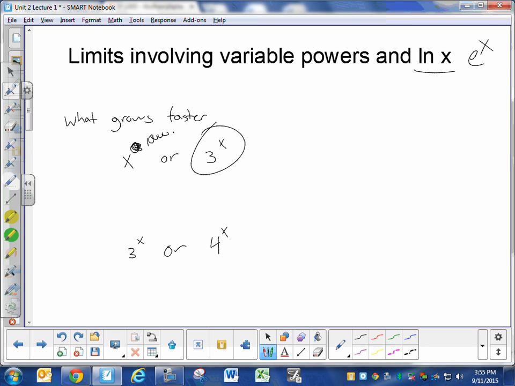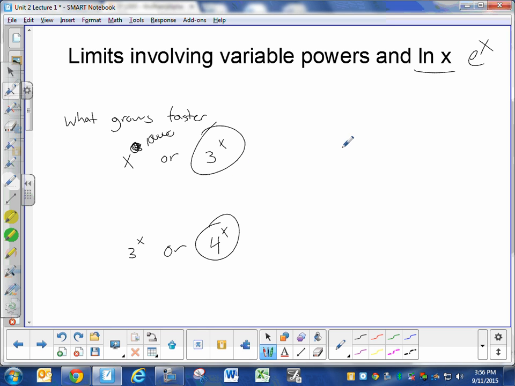This could be a 10,000, but eventually 3 to the x will be a bigger number than x to any number. And this is why this will grow faster. Then if you compare different values, obviously 4 to the x is going to grow faster than 3 to the x. So this is very, very powerful.